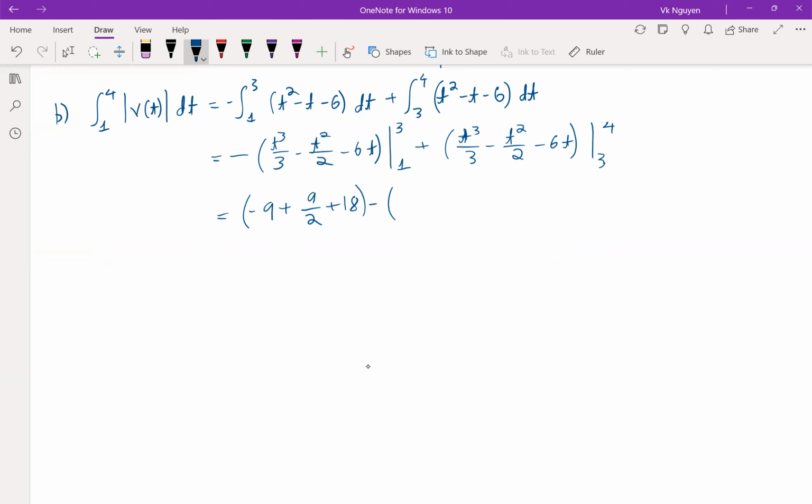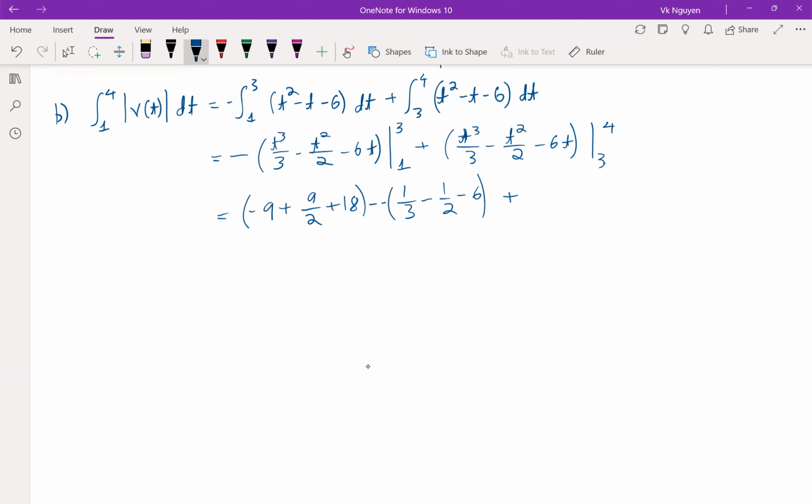Minus, put the number 1 in. The minus and this huge minus, they're going to cancel out. So it's going to be minus there, without doing the distribution. 1 over 3 minus 1 over 2 minus 6.